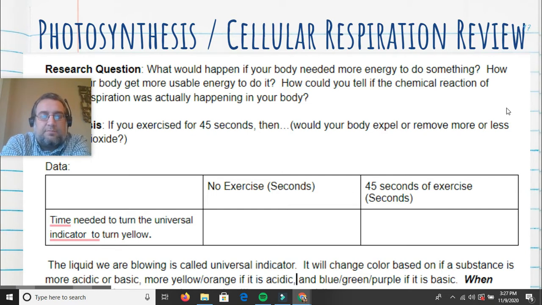So if it turns yellow, carbon dioxide has been added. We're going to see which one turns yellow the quickest.